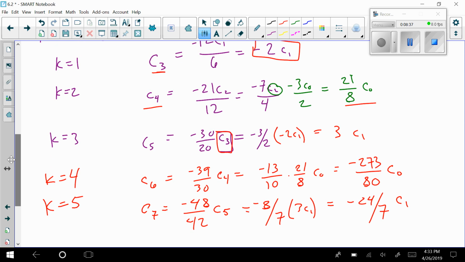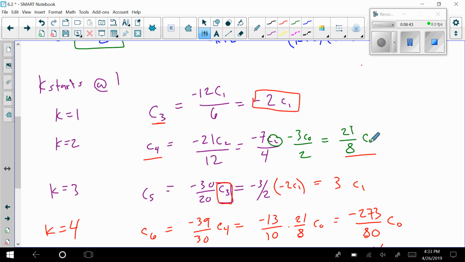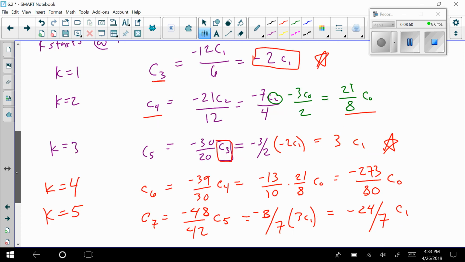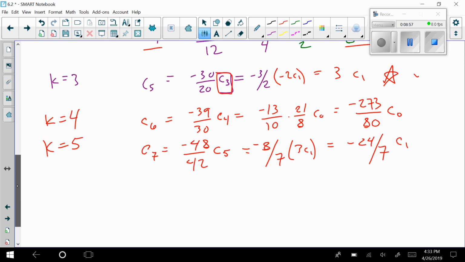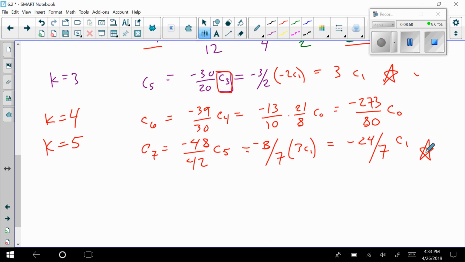Now, you don't have to do a ton of these. It looks like I have 3 C1s and I got 3 C naughts, right? That's not terrible, okay?